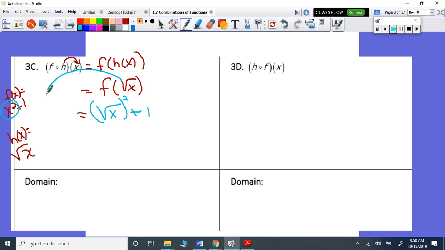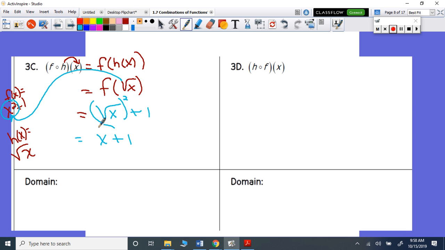Instead of the x squared, I'm putting in the square root of x and squaring it. Check my algebra. Is that really x plus 1? Did I do it right? Yes. I think, right? Squaring a square. Well, check, because who knows? It's like my Monday here.